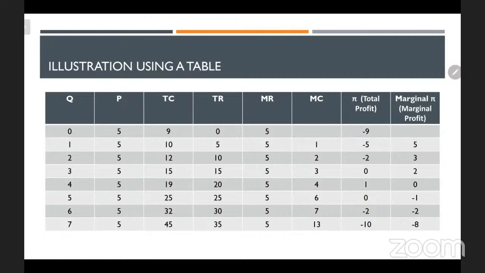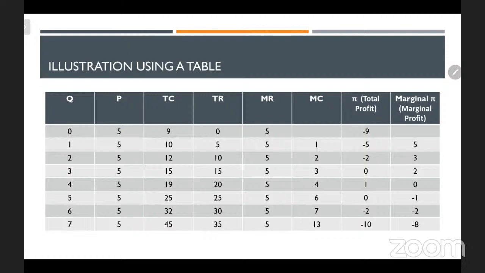So, bakit? Kasi the cost is higher. The marginal cost of production is now bigger than the marginal revenue or the price, in this case. So it's not true that in order to maximize profit, you should have infinite production. There's only one level of production that will give you highest profit.